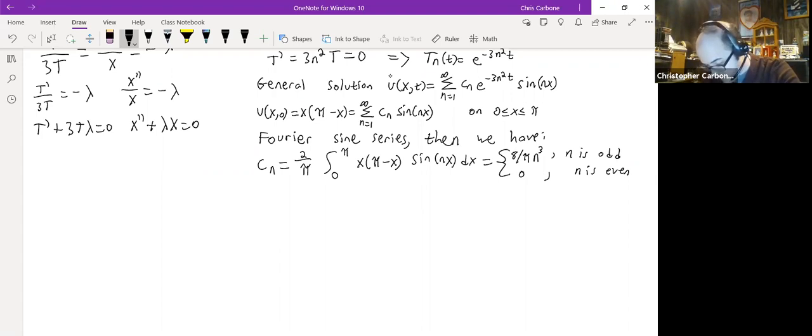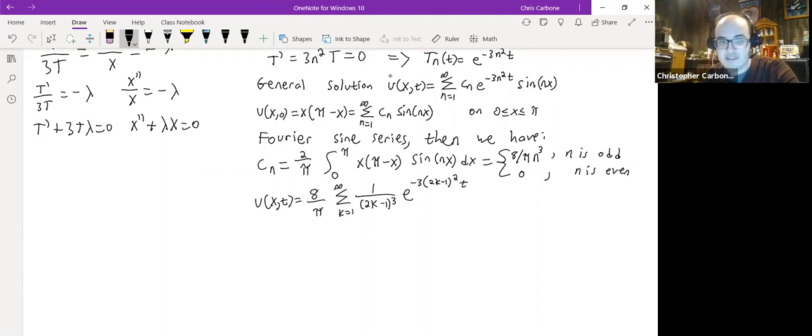Okay, so based upon that, our equation becomes u of x comma t is equal to 8 over pi times the sum as k goes from 1 to infinity of 1 over 2k minus 1 cubed times e to the negative 3 times 2k minus 1 squared times t times sine of 2k minus 1, since again we said this was odd up here, times x.